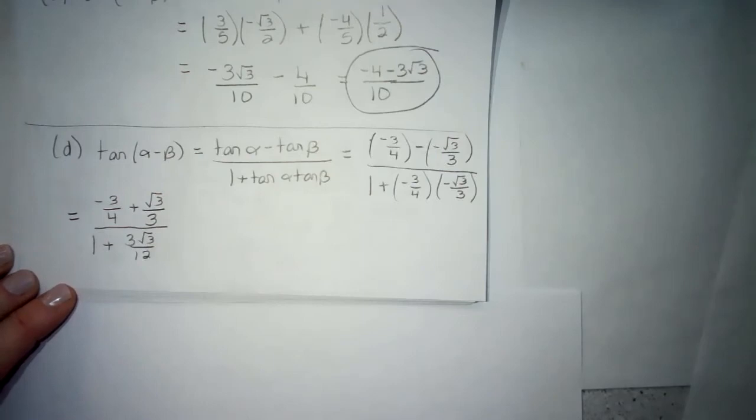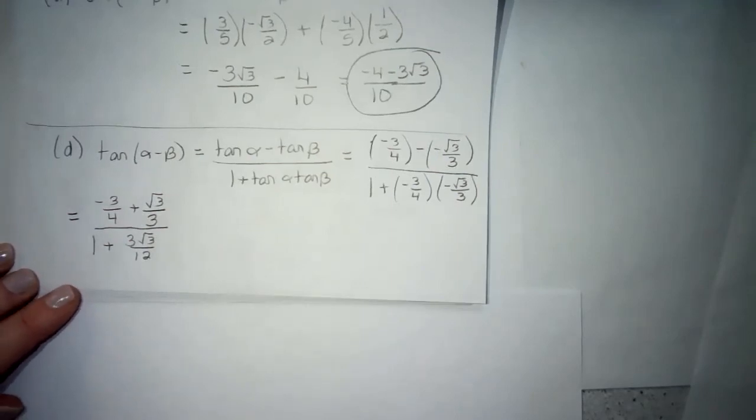Okay, now we want to combine the top and we want to combine the bottom. We want one term in the top, one term in the bottom. If you have one term in the top and one term in the bottom, you can do keep, change, flip. If you don't, then you're going to have to multiply by the conjugate. So it's up to you how you do it, but keep, change, flip seems a little easier to me than having to do all the FOIL with the radicals. So that's what I thought we would do.